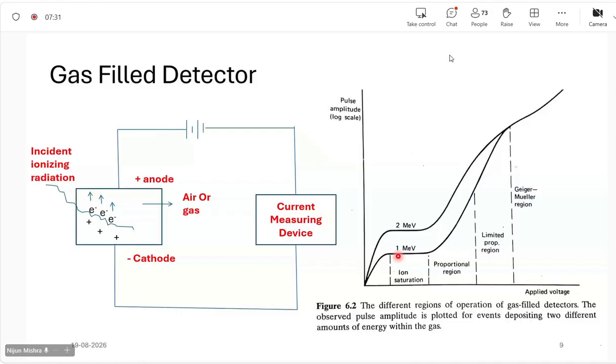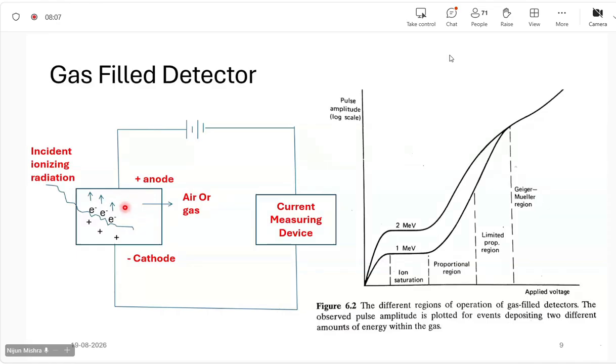Then come to the proportional region. In the proportional region, when the voltage increases, these electrons get sufficient energy, and they drift towards the anode with a sufficient speed. During that drifting, they ionize the gases in between, and due to that secondary ionization, the charge or the pulse amplitude increases linearly, or we can say that the output is proportional to the initial ion pair created.